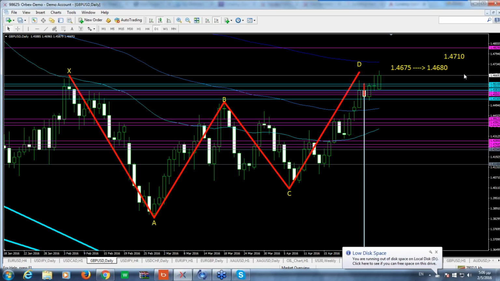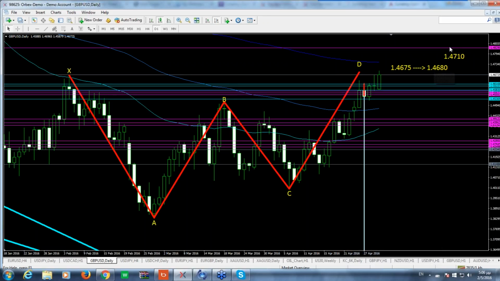Okay, so if that does happen, if the strength of the dollar keeps on going up, there's more positivity, more hint of positivity starting today evening, tomorrow onwards. Then you might see that this W pattern might play out very nicely for it to come downwards. Now look at the price here, 1.4676.